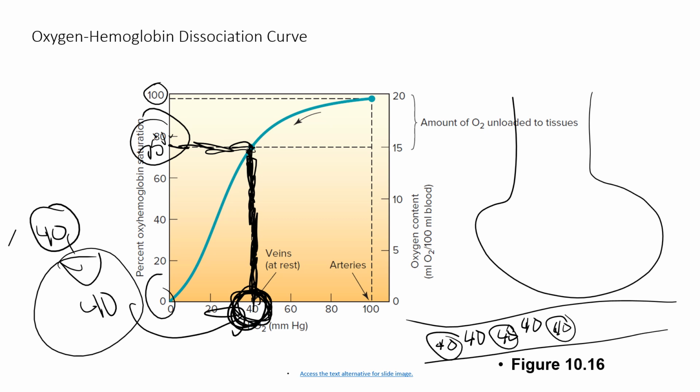Let's move across and we can see that when the partial pressure of oxygen within the blood plasma, and thus the intracellular fluid of the red blood cell, is 40 millimeters of mercury, then hemoglobin within the red blood cells is about 75% saturated with oxygen.